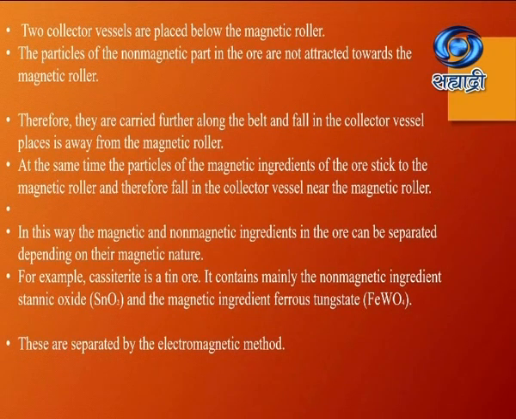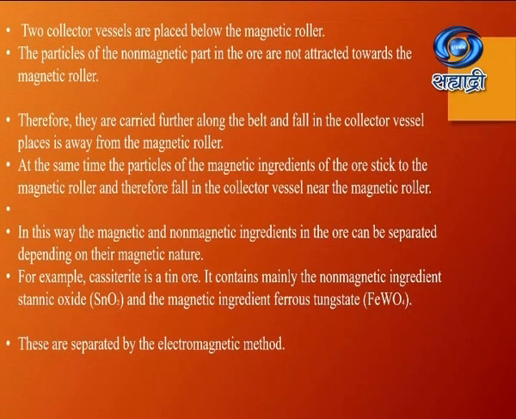At the same time, the particles of the magnetic ingredients of the ore stick to the magnetic roller and therefore fall in the collector vessel near the magnetic roller. In this way, the magnetic and the non-magnetic ingredients in the ore can be separated depending on their magnetic nature.